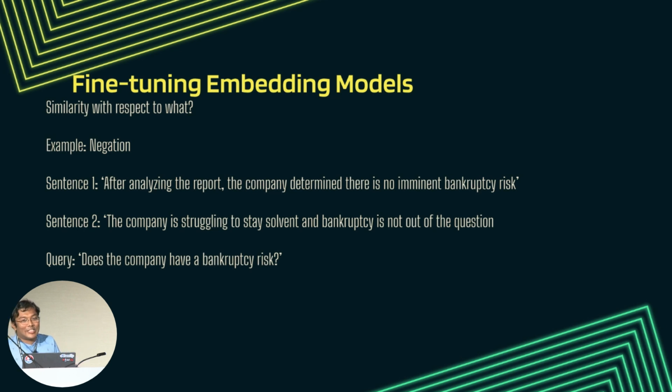And it's very inefficient for me to get all the sentences and then let the language model do the reasoning about whether there's bankruptcy or not. So I can just do fine tuning. I can fine tune so that there is actually a big gap between something saying bankruptcy risk and something saying no bankruptcy risk. So that's how you can redefine the embedding space in any shape or manner you want.